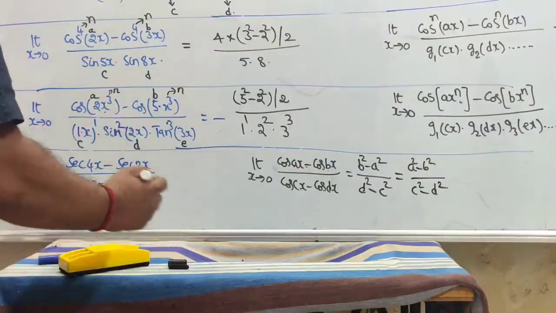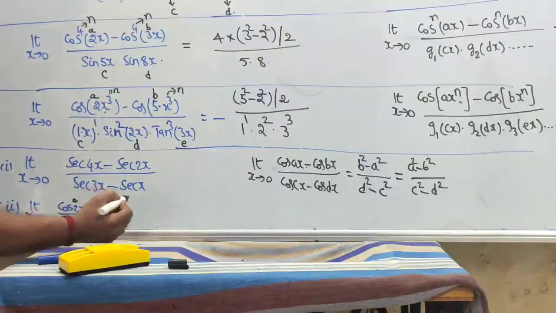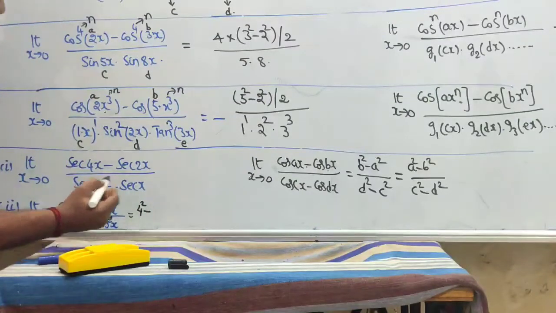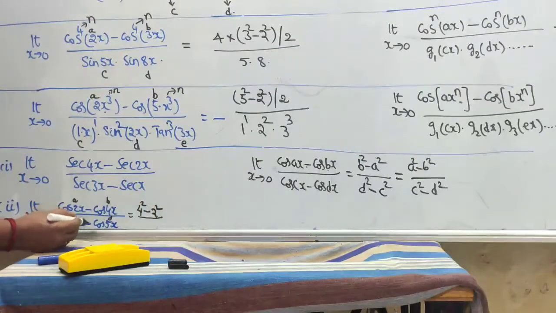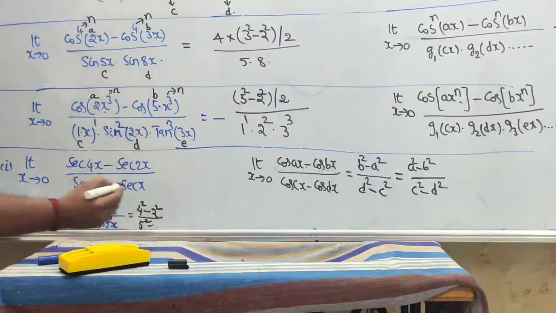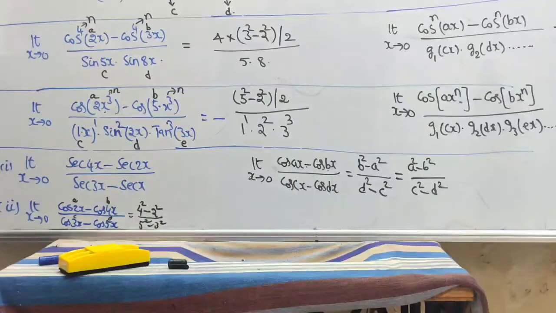Nothing is wrong here. Here this is a, this is b, this is c, this is d. So the answer is 4 square minus 2 square, whole divided by 5 square minus 3 square like that.